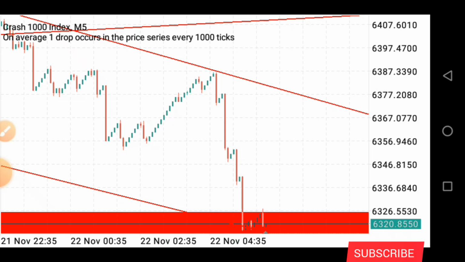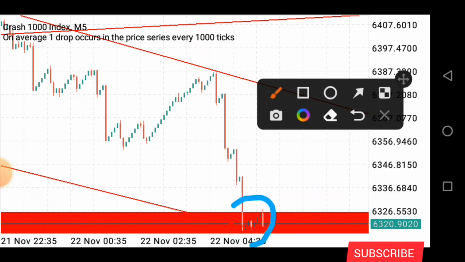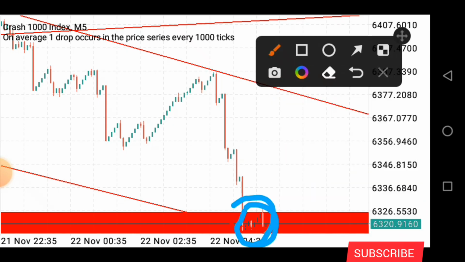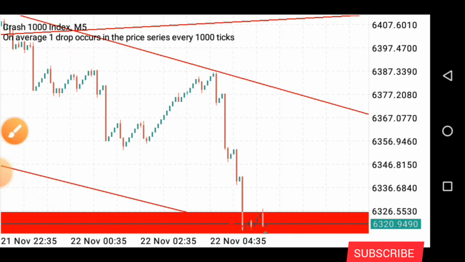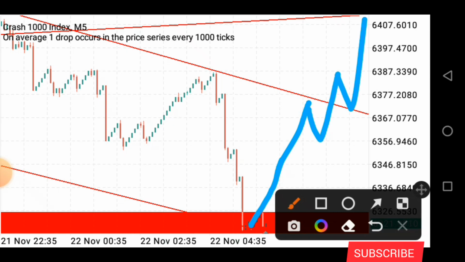As you can see, price is currently battling with this zone right now, whether to break the zone or to go back up, right? And this is where we talk about risk management. Since I know price is in a very strong support and resistance zone, I can decide to buy from this place, and wait for price to go up, touch this zone, either come back down or break and retest it, then continue up.